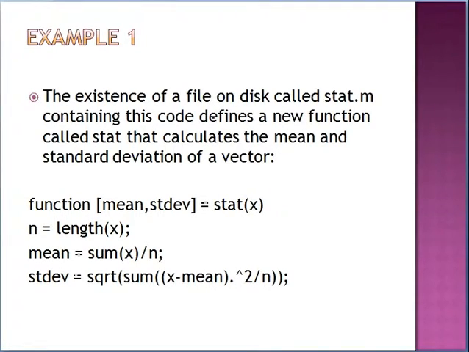In the next line I define another variable n, which is equal to the length of x. The mean will be equal to the sum of all the numbers of x divided by the total number of elements, n. And the standard deviation is the square root of the sum of squared deviations of x from the mean, divided by n. So we are writing the formula for it.